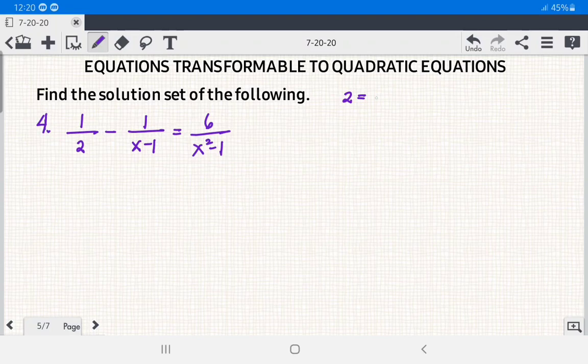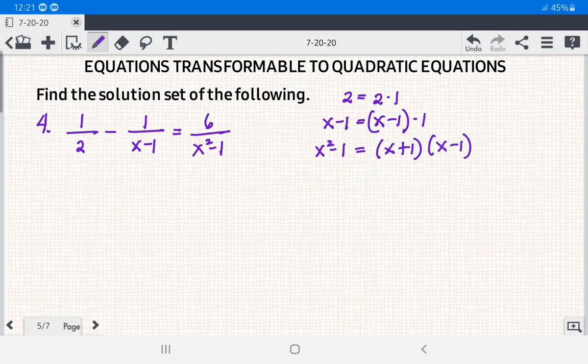So factors are 2 times 1. For the second, we have x minus 1. Factors are x minus 1 times 1. For the third denominator, we have x squared minus 1. So factors are x plus 1 and then x minus 1. Okay? Because this is an example of a difference of 2 squares.